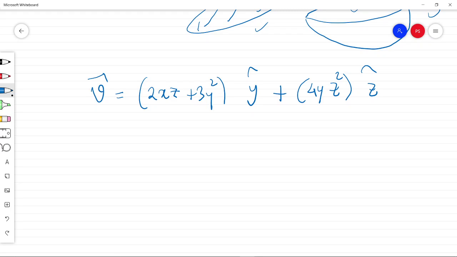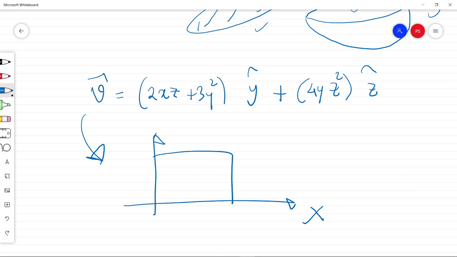Now we have to verify the above theorem for this V bar for a surface which is a square. So the plane chosen in the example is different.